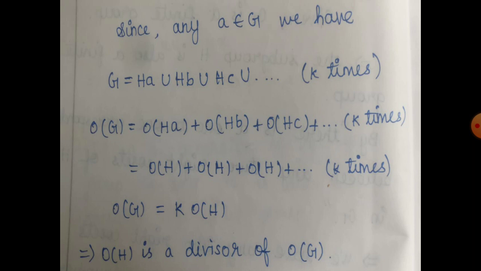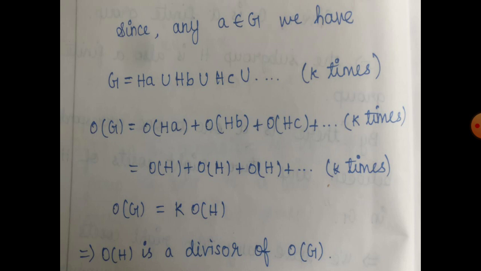Since any element A belongs to G, we have G is equal to the union of the distinct right cosets of H in G. So the distinct right cosets will be K. So we take G is equal to HA union HB union, etc., up to K times. So taking order, order of G is equal to order of HA plus order of HB plus order of HC plus etc., that is also for K times.